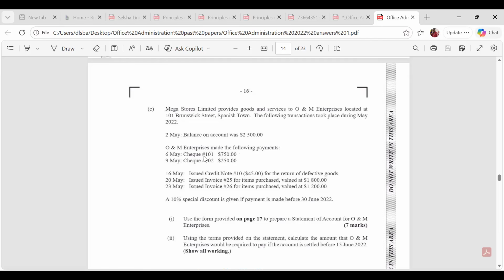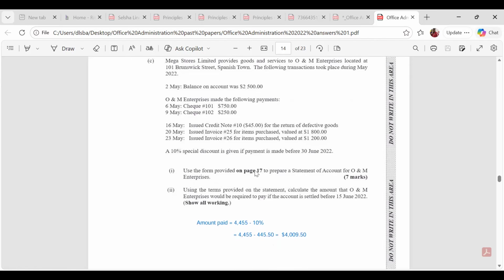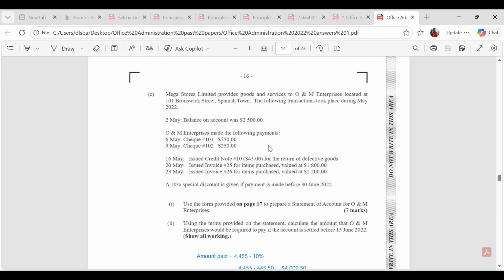There are the following payments: 750 check, 250 check, and then they issued a credit note for $45 to return a defective good. Issued an invoice valued at 1,800. Issued an invoice valued at 1,200. A 10% special discount was given if payment was made before the 30th of June 2022. Use the form provided on page 17 to prepare a statement of account.